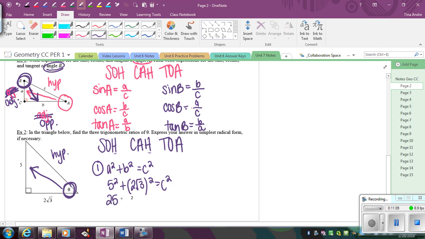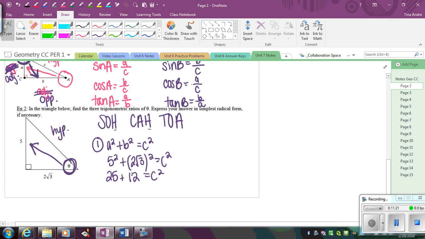So we have 25, and remember to square both of those, so that ends up being 4 times 3, which is 12. Add these up, so we get 37 equals c squared. Square root both sides, so c equals the square root of 37. Square root of 37, we're just going to leave as is.